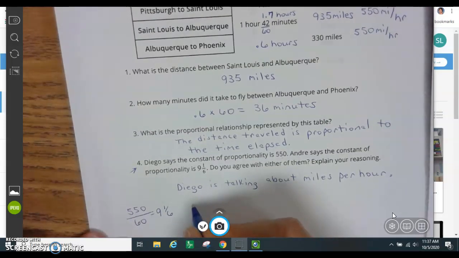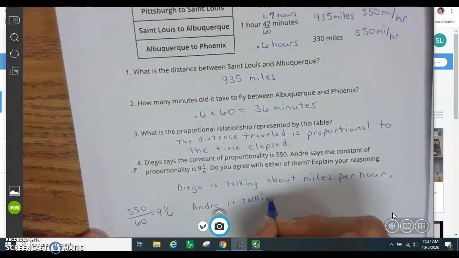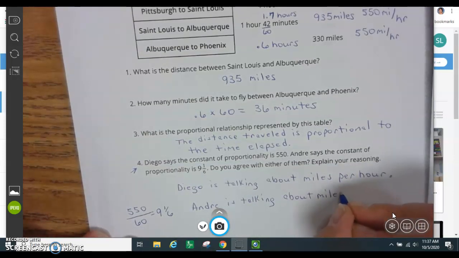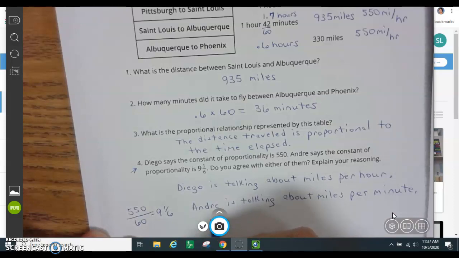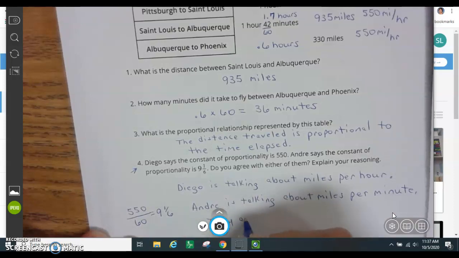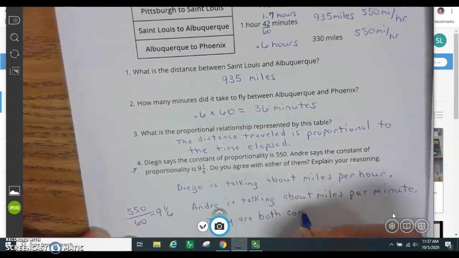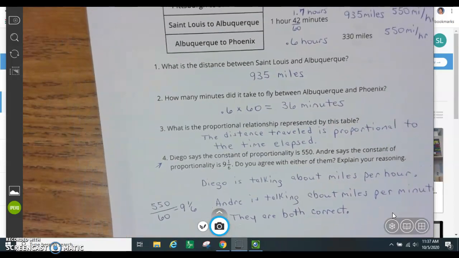So this would be, Andre is talking about miles per minute. So they are both correct. They just have different units. Your constant of proportionality is going to depend upon what units you used.